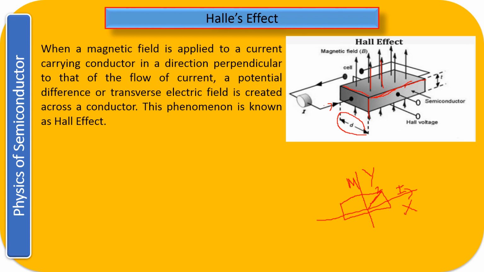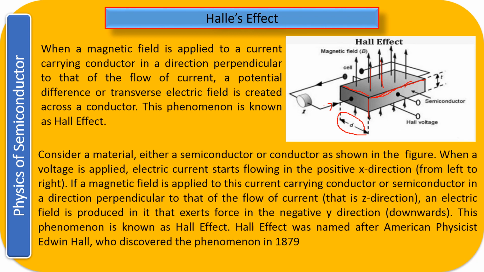So what we can say over here is, if this is the length along which you have given your current, this is the breadth along which you have given the magnetic field, represented by B or H. Then along its thickness, which has been shown in the above diagram, that will be coming along the z-axis, a voltage is getting developed, and that voltage is called your Hall voltage. So that is the definition of your Hall voltage, or this phenomenon is called Hall effect, right?